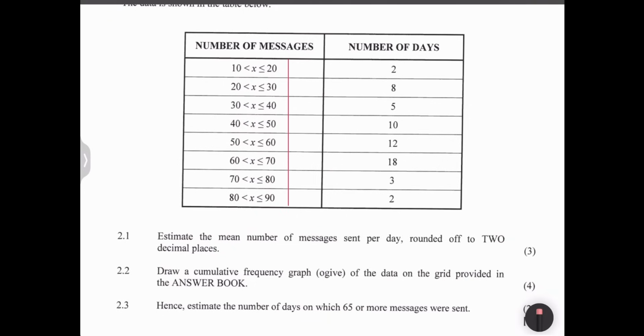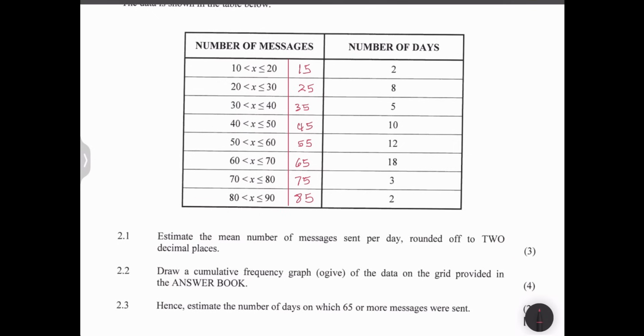Between 10 and 20, my midpoint would be 15, and that would be 25, 35, 45, 55, 65, 75, and 85. Those are my midpoint values.